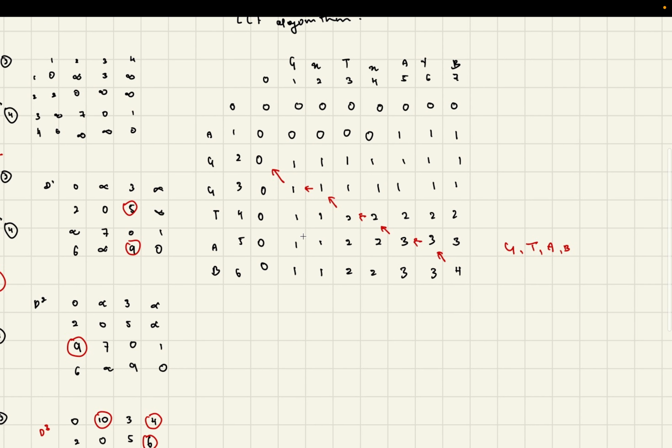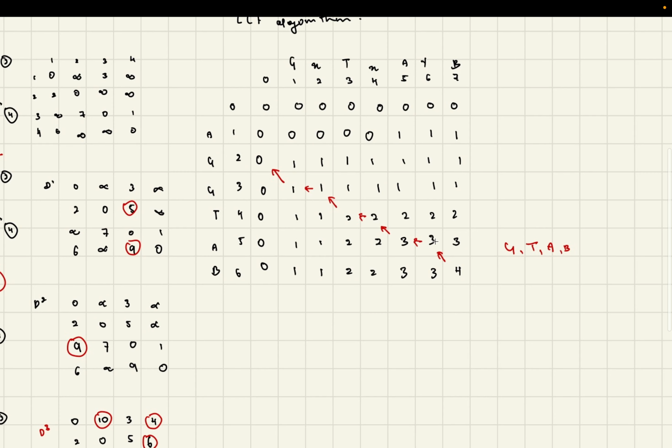So this value is 2 because initially we already found G, the common alphabet, so we put 1, and then we find T, the common alphabet, so 1 plus 1 is 2. So along the way we put 2 because the common alphabet count right now is 2. And then this is A, so when we find the index that has A, which is a common alphabet, 2 plus 1 is 3.